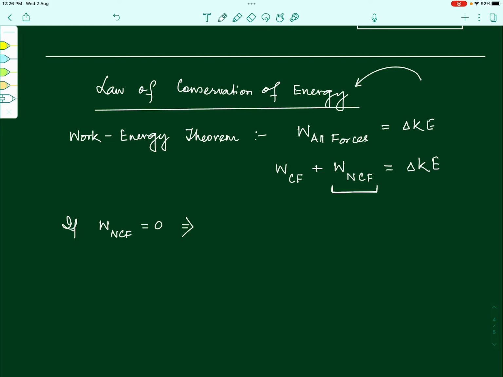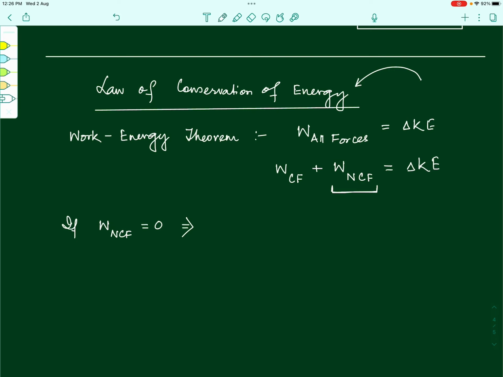See, one thing is, if they are not at all acting, then anyway they can't do any work. But even if they are acting on the system but not doing any work, we say that even then the law of conservation of energy would be valid. There are cases that we shall be studying in the upcoming chapters.